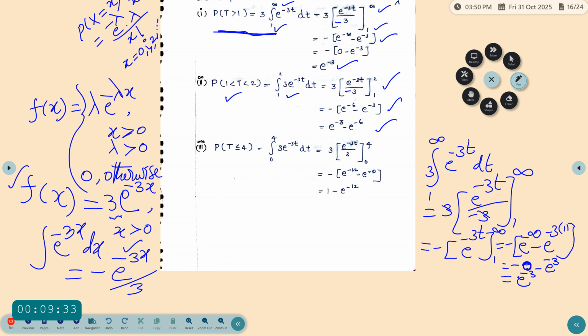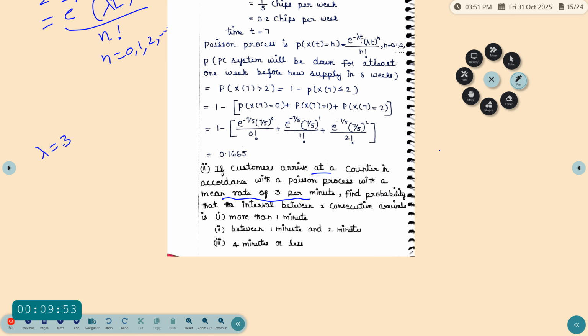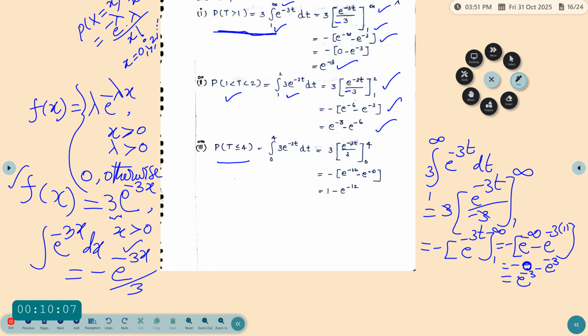Subdivision 3 is the probability of t less than or equal to 4. We need the probability that the interval between two consecutive arrivals is 4 minutes or less. So we consider the probability of t less than or equal to 4. Here 4 is the upper limit.